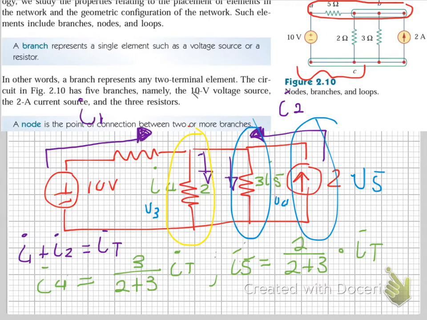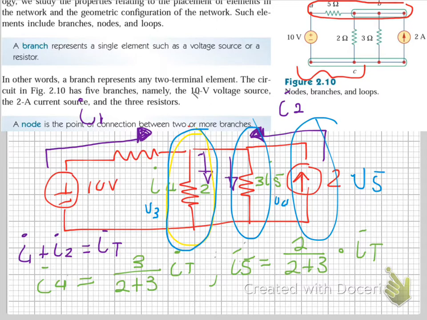That is because all three of them are in parallel. So the voltage across the 2 ohm is equal to the voltage across the 3 ohm, which is equal to the voltage across the 2 amp source, because they are all in parallel. And that's the two things about parallel.